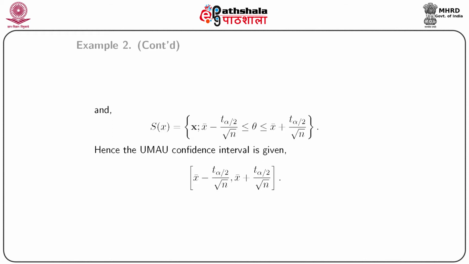And therefore S(x) is equal to the set of all x such that x bar minus s into t alpha by 2 divided by root n is less than or equal to theta, which is less than or equal to x bar plus s into t alpha by 2 divided by root n, and hence the UMAU confidence interval for theta is given by the interval x bar minus s into t alpha by 2 divided by root n, comma, x bar plus s into t alpha by 2 divided by root n.